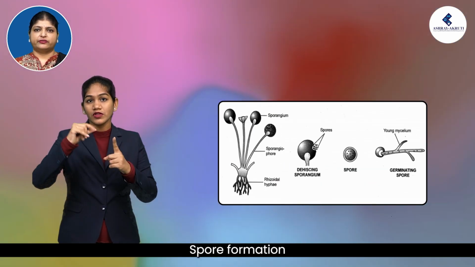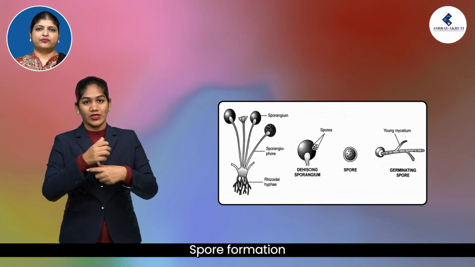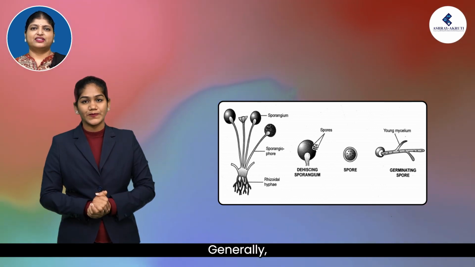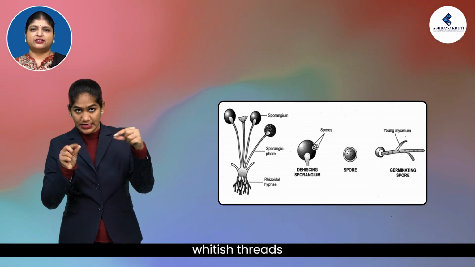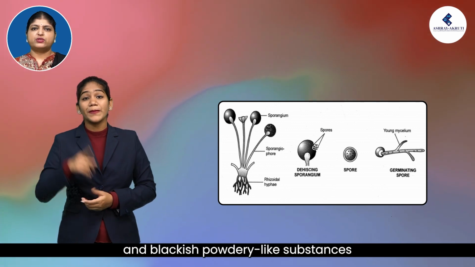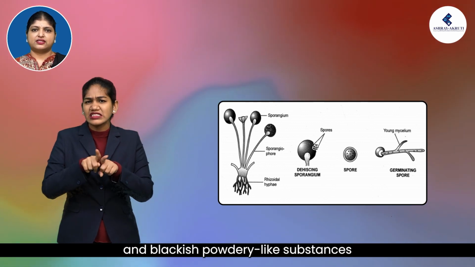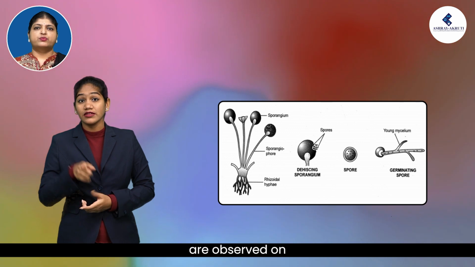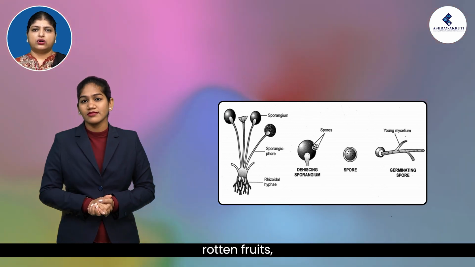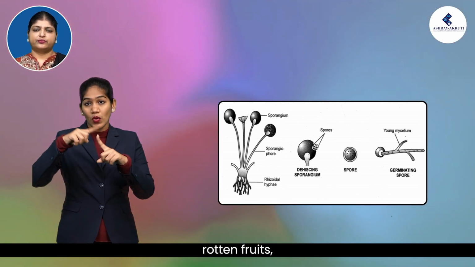Spore formation. Generally, whitish threads and blackish powdery substances are observed on rotten fruits.